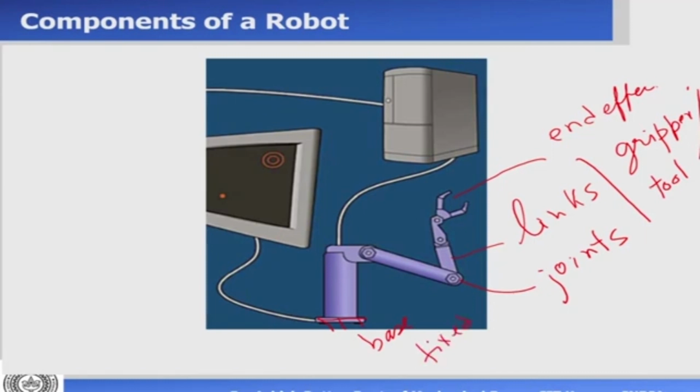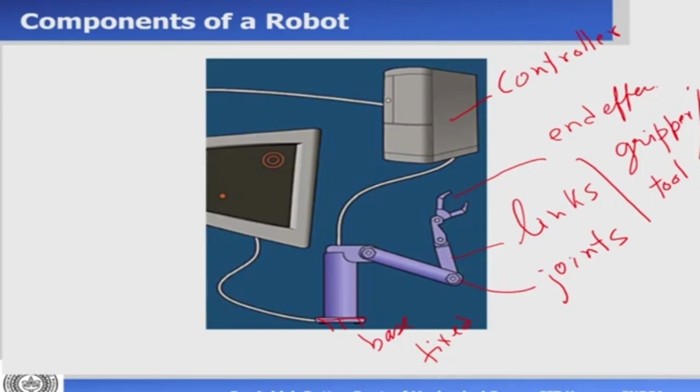In this course, we'll be looking at serial manipulators, and the base of the system will be fixed, and it is not going to be moving around. The robot is controlled by a controller. This is my controller, and the controller can be a PC, a microcontroller, a microprocessor, or any other kind of controller.